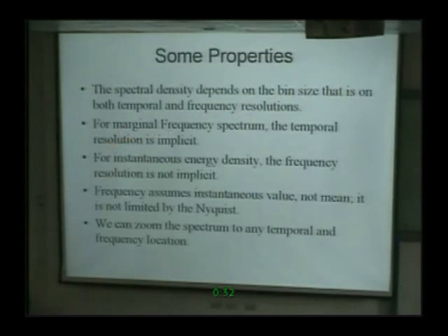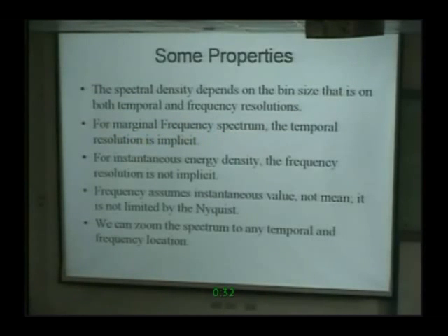But for the marginal frequency spectrum, the temporal resolution is implicit. When you define the marginal frequency spectrum, you integrate time out. So if you have a large bin size, you multiply it by delta t, and that delta t cancels your bin size. So for the marginal spectrum, the temporal resolution is not important at all.